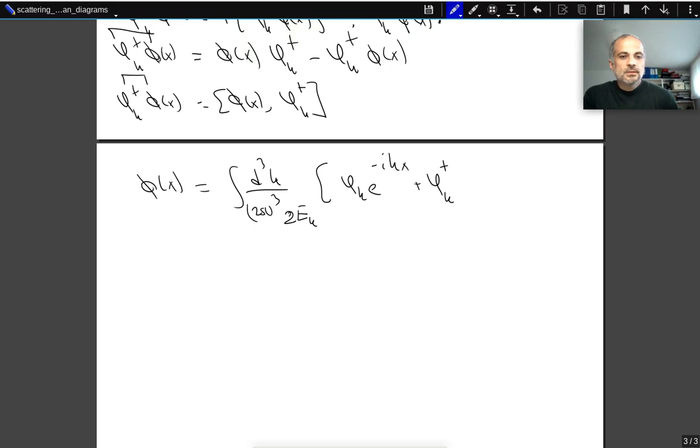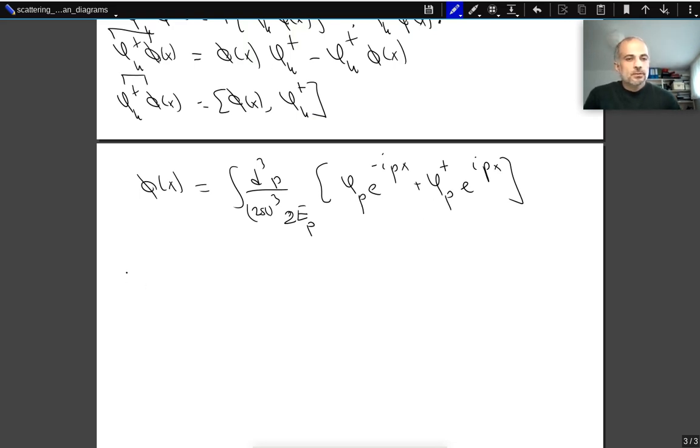Let me just use this integration variable p, not to confuse with this k over here. These are at the time with momentum p.